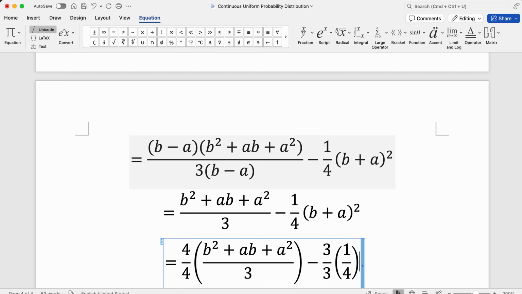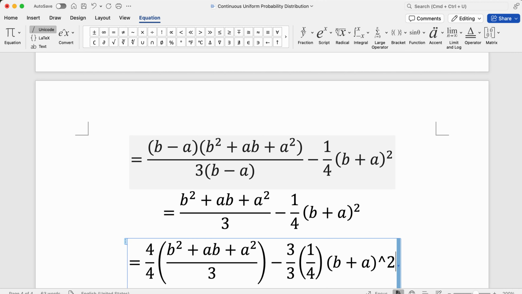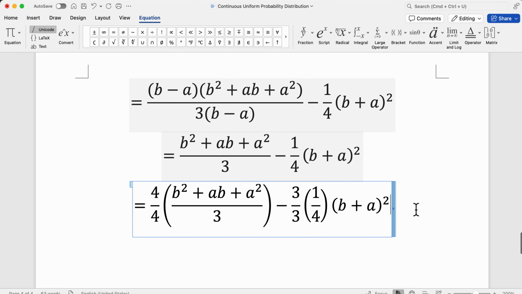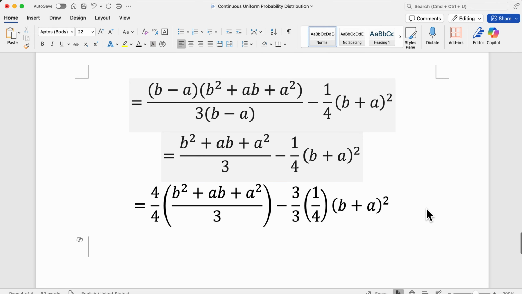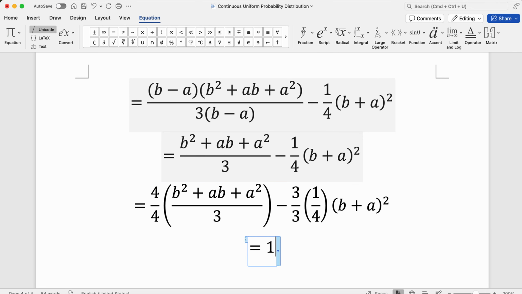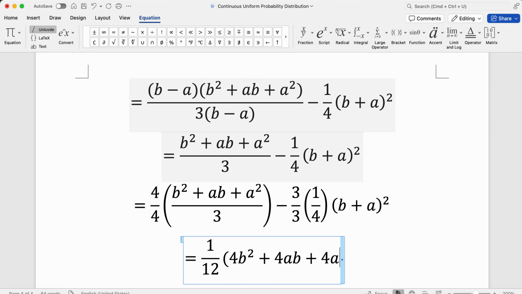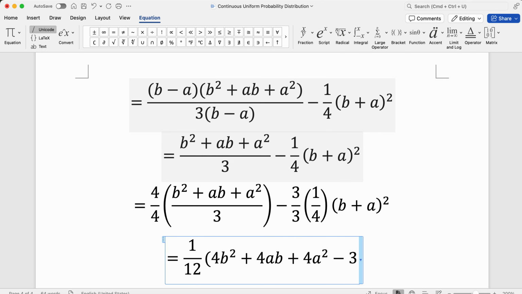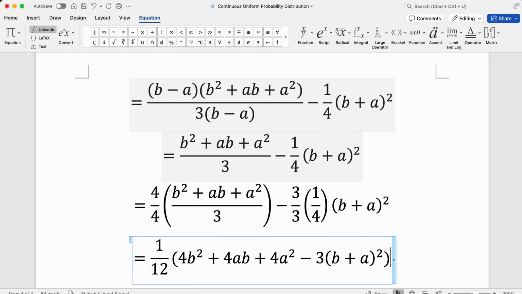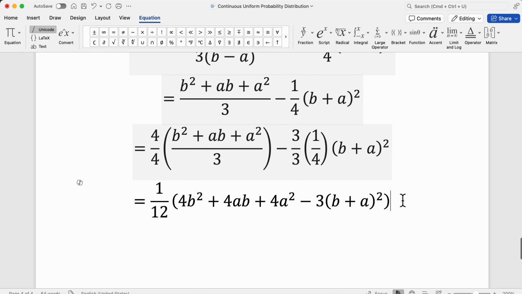So this is 1 over 12 times 4b squared plus 4ab plus 4a squared, and then minus 3 of b plus a quantity squared.